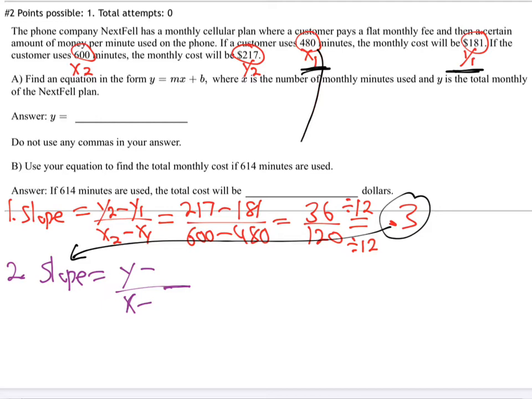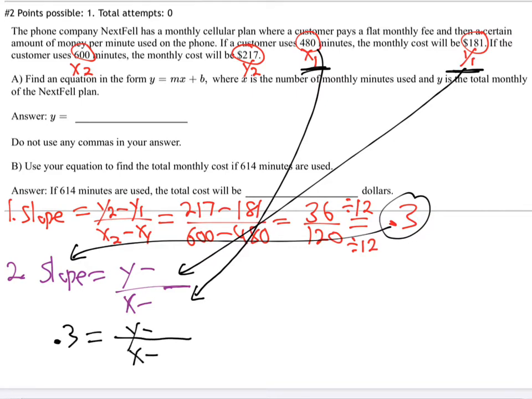So the 480 is the x, has to go behind x. And the 181 is the y, has to go behind the y. So we get slope, which is 0.3, and what goes behind the y value is the 181, and the x value is the 480.